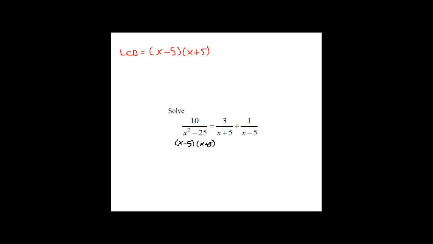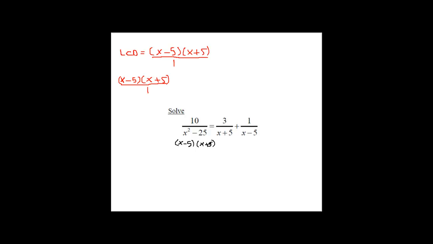Right, you multiply each term by that. If I look at the LCD as x minus 5 times x plus 5 over 1, the next step is to multiply each term by that. So please make a note of that. Every time you have an equation involving fractions, you find the LCD among all of them, and then you simply multiply each term by that. That would guarantee to reduce all the fractions.